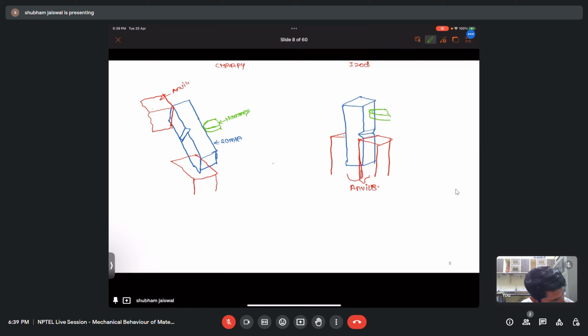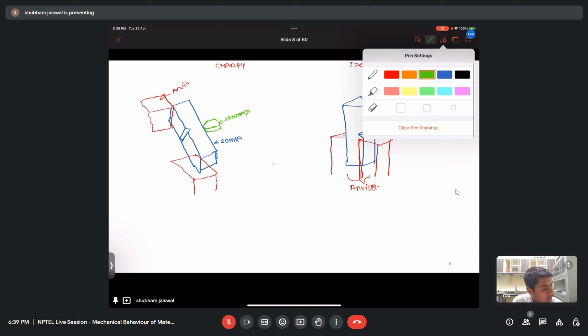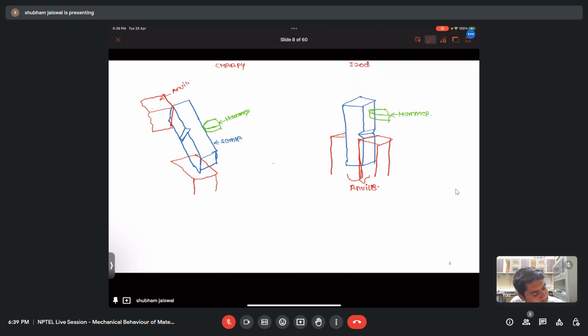Okay, so this is my hammer. You can see that this notch is facing the direction of the hammer. Here the notch is opposite to that of hammer. Okay, and here the sample is held something like a cantilever beam type. So this is the main difference between the Charpy and Izod. That is the sample position.